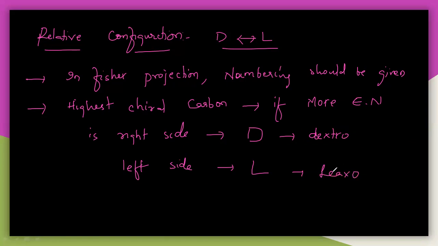Levo means left side, dextro means right side. So it is possible only in the Fisher projection, and this is called relative configuration.